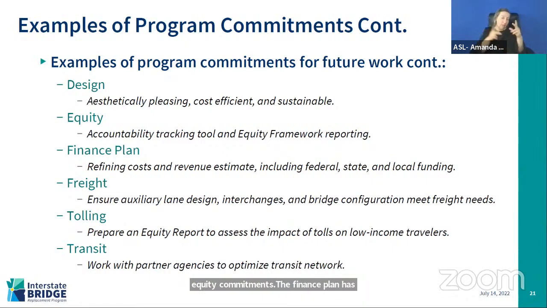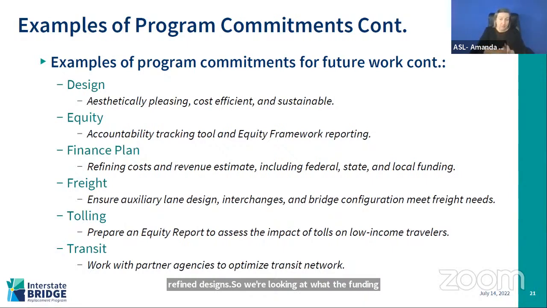We know that before the end of the year, we will have a revised finance plan, which will refine costs based upon the locally preferred alternative. And as we are refining designs, it will be based on those refined designs. So we will also be looking at what the funding elements could possibly bring to this program.